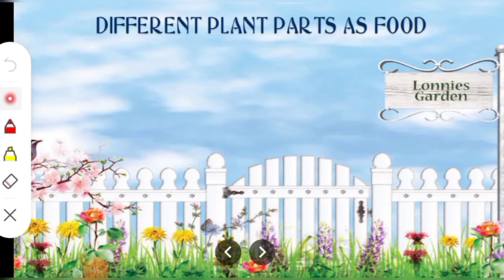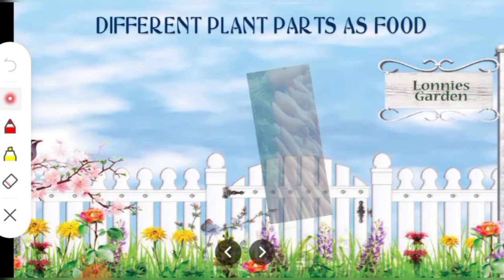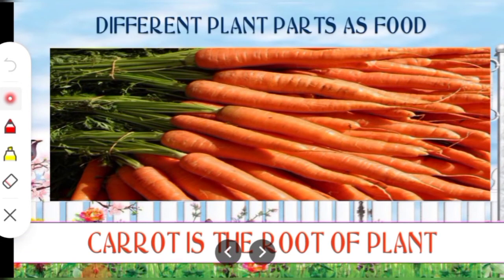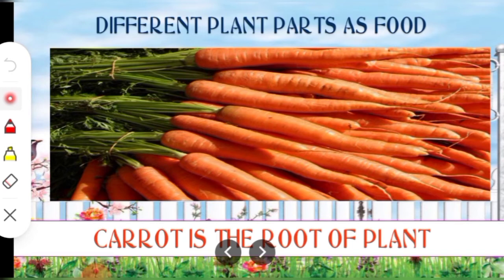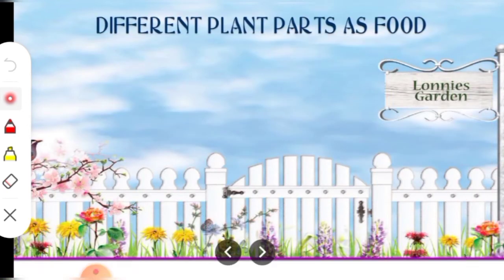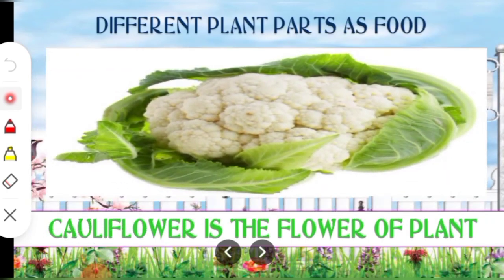Now, my dear kids, let us have a look at different plant parts we eat as food. Okay. The first one is carrot. Carrot is a root of a plant and we eat it as food. The next one is cauliflower.